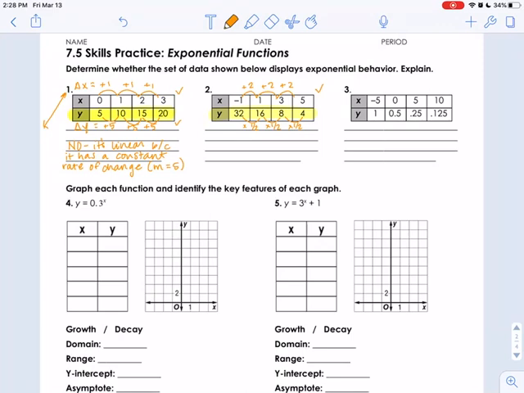So here, all of our y values have a common factor of 1/2, while our x values are increasing at a constant rate of 2. So yes, this is exponential.